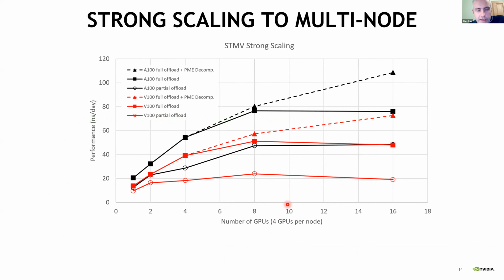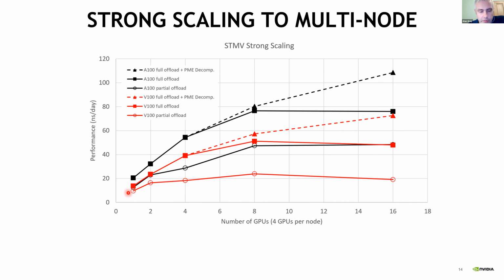So this is looking at the larger STMV case, the 1 million atom case, and looking at the performance as we scale out the number of GPUs. We're running on servers that have 4 GPUs per node, running up to 4 nodes here. Let's just look at the black results, not the red results of the previous filter; the black ones are the new Ampere.